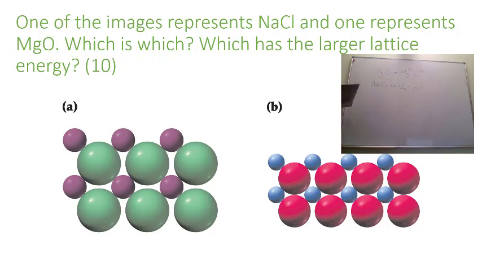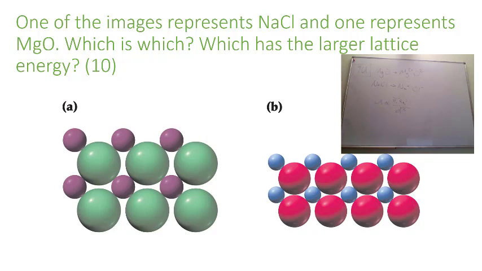Which one has the larger lattice energy? Lattice energy U is proportional to Z1, Z2 over D squared, and we know that the dominating term here has to do with the overall charges. That means that magnesium oxide by far will have a higher U than sodium chloride. So a higher lattice energy for magnesium oxide than we would have for sodium chloride.